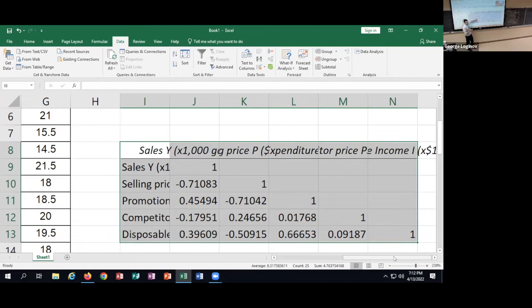And 0.39, again. You want it to be closer to 1, or negative 1. Basically, that will indicate that there is some linearity going on, because we're looking at the linearity between sales and selling price, sales and prices of competitors, and sales and everything else. So we want as strong a linear relationship as we can get.